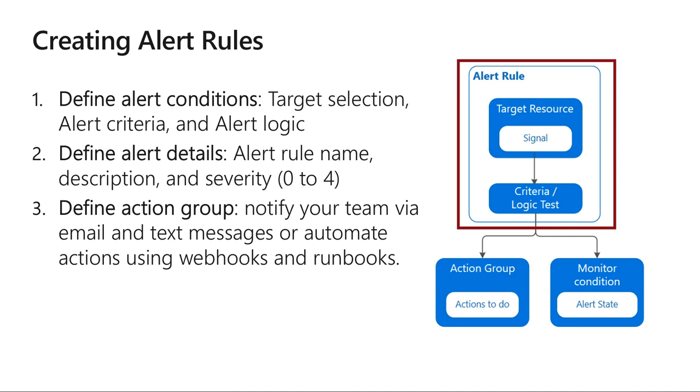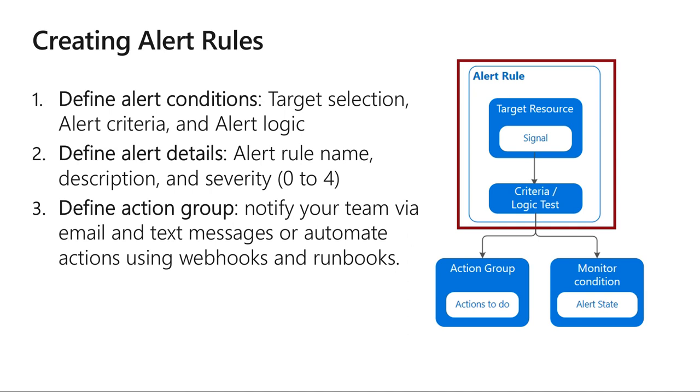So the key attributes of alert rules are the target resource, which defines the scope and the signals available for alerting. A target can be any resource like VMs, storage account, network, VNet, virtual machine scale set, log analytics workspace, or application insights resource. For certain resources, like VMs, you can specify multiple resources as the target of the alert rule.